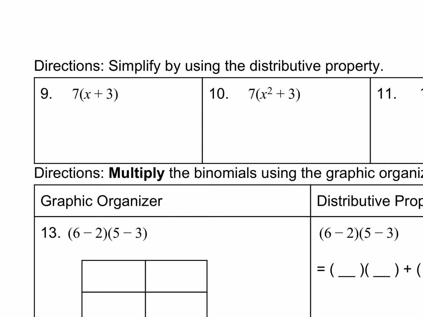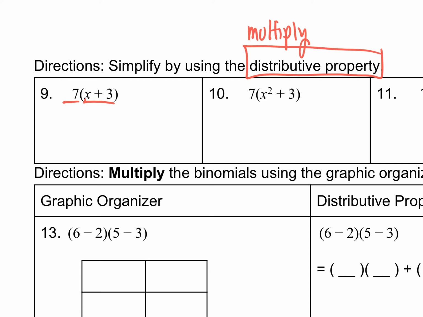We're also going to review number 9. Simplify by using the distributive property. The distributive property is another word for multiplication. It's just a specific way to do it when we multiply a number with things that are added or subtracted together.